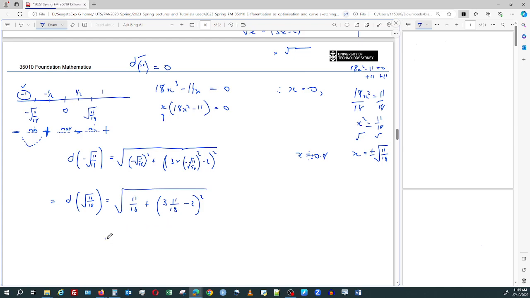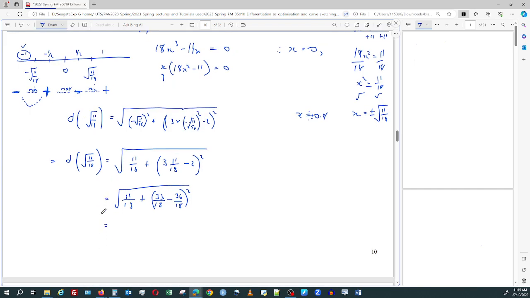So we get the same family, 18, 2 18s are 36. That is 33 minus 36.